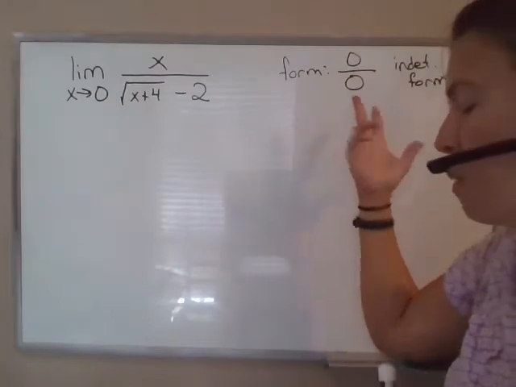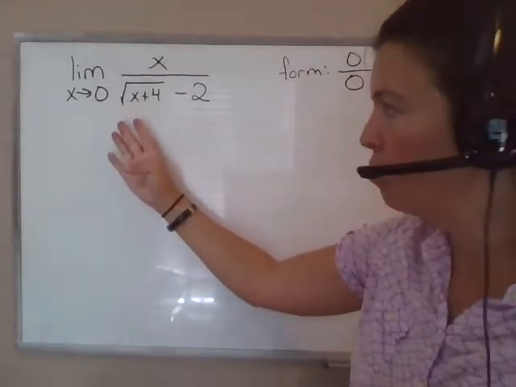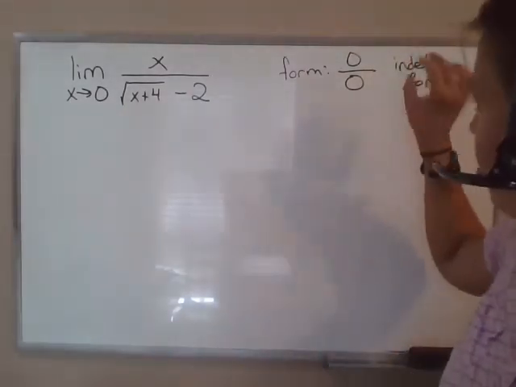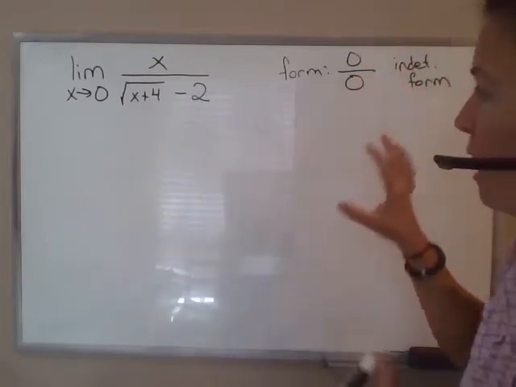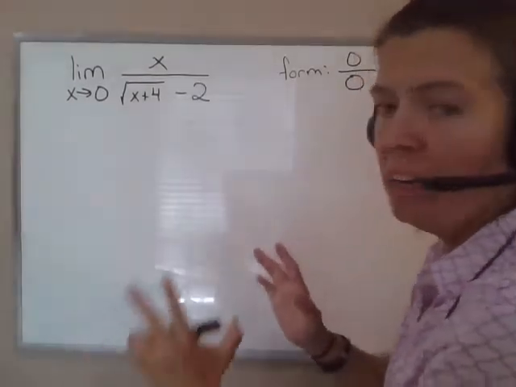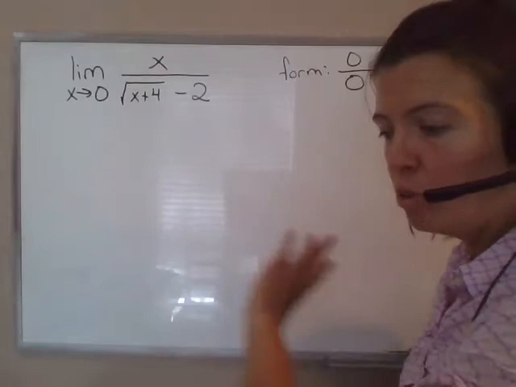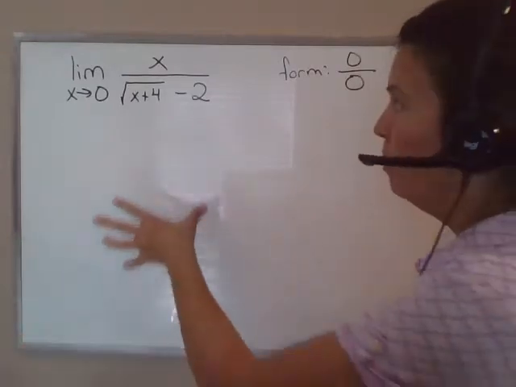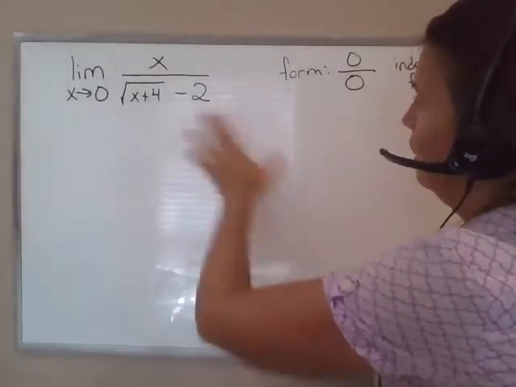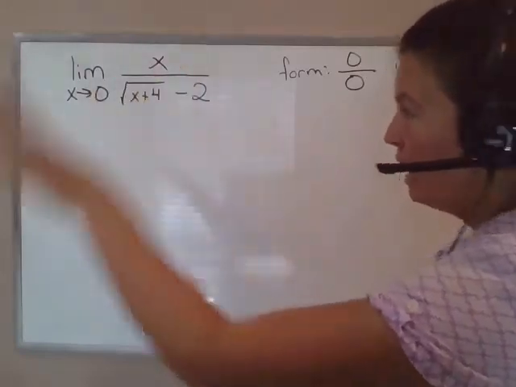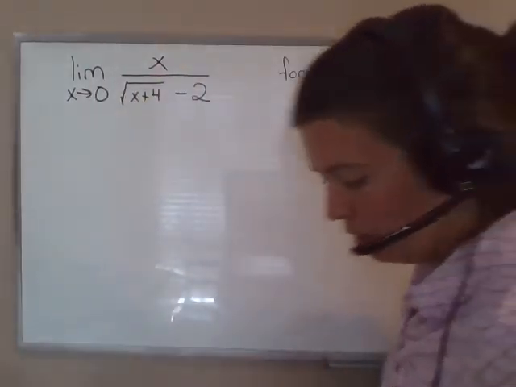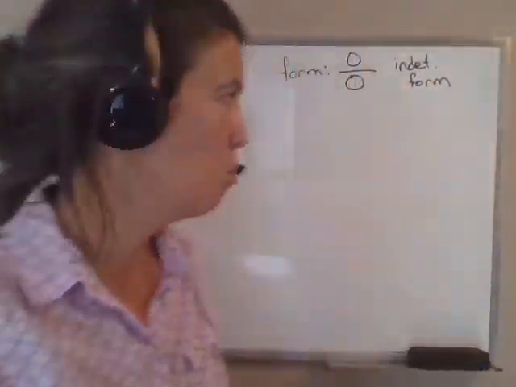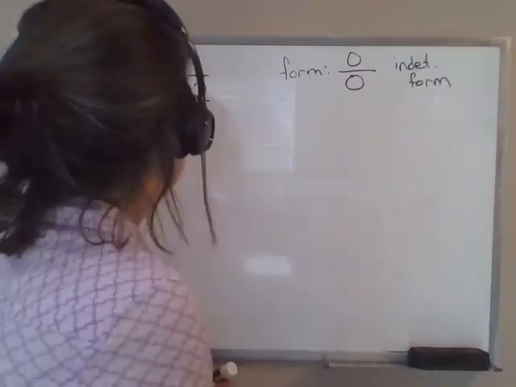Well, I can't determine the limit if I leave it written this way. But here's the thing to think of when you see 0 over 0: I can probably do some kind of algebraic manipulation, so use some of the skills that you developed in algebra to rewrite this expression in a way where you can get it out of that 0 over 0 form, eventually using algebra. That's the hope when you see 0 over 0.